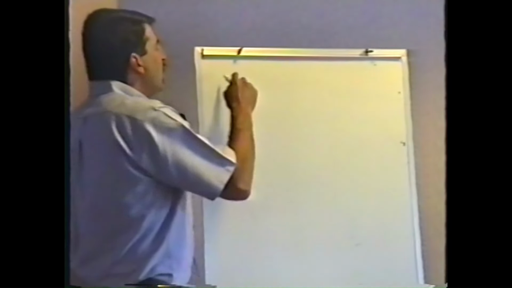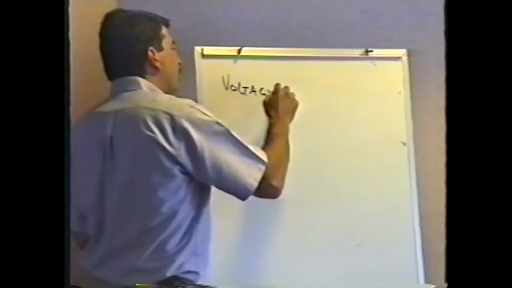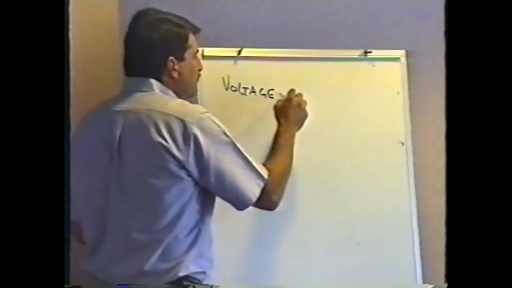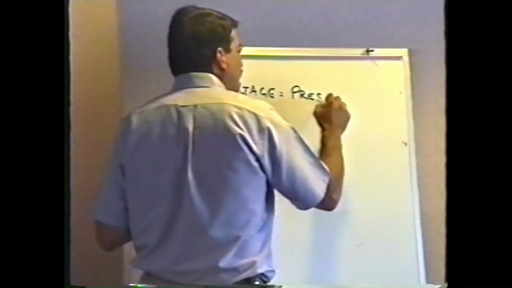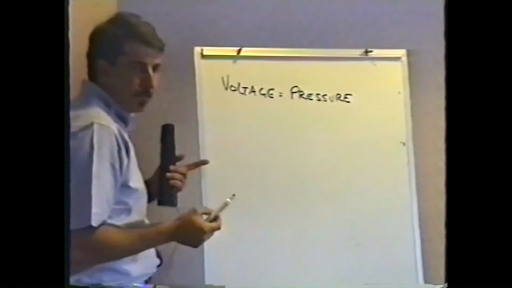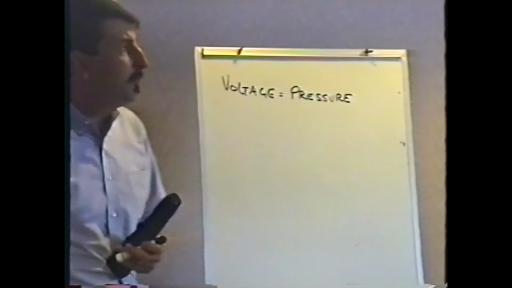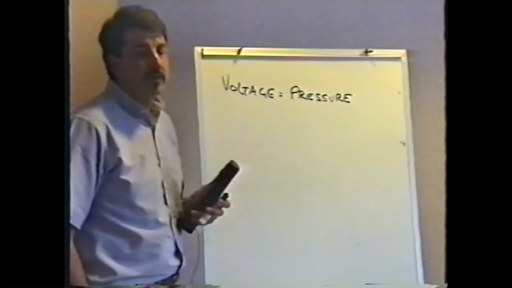One of the first terms that we want to cover is the term voltage. Voltage is our electrical term for pressure, our electrical measurement for pressure. Now, if I was talking about water pressure, what's our unit of water pressure?